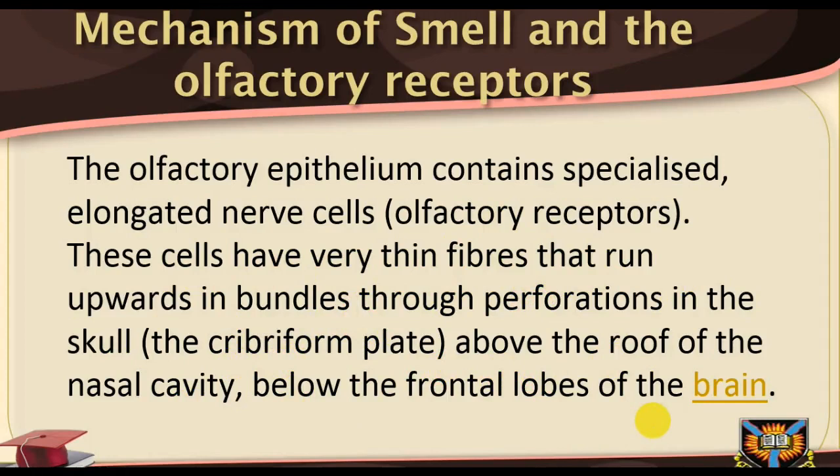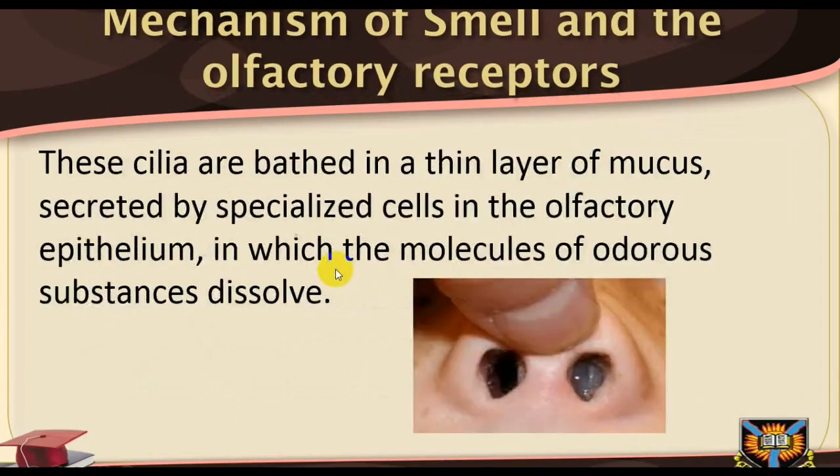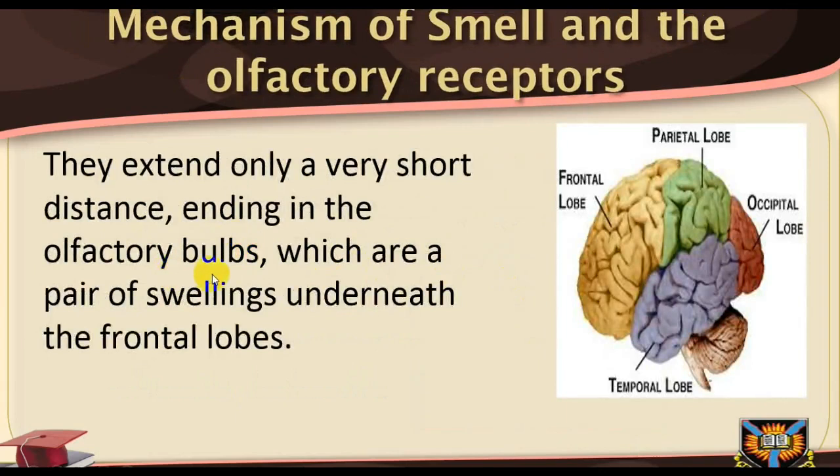These bundles of nerves constitute the first cranial nerve, the olfactory nerve. They extend only a very short distance, ending in the olfactory bulbs, which are a pair of swellings underneath the frontal lobes.